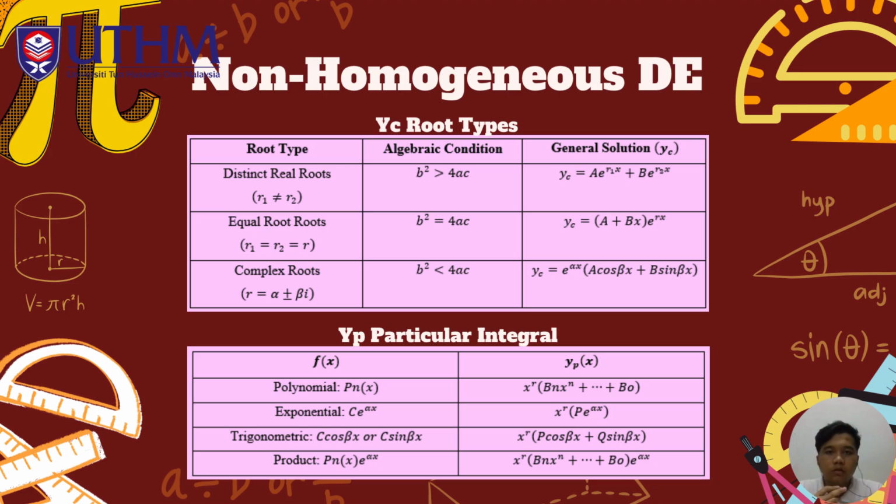So this is how we determine yc and yp. For the yc root types, there are 3: distinct real roots, equal roots, and complex roots. And for yp, we have 4: polynomial, exponential, trigonometric, and product.